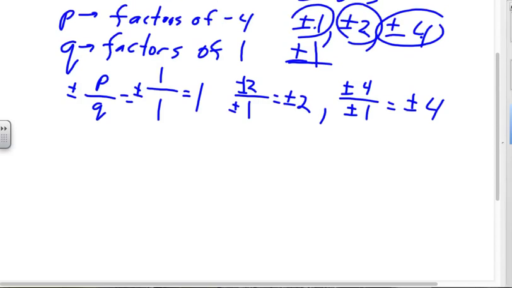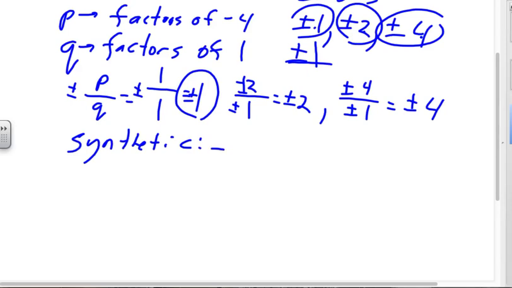And what you do is you pick one of these and you use synthetic division. So let's just pick a number, and just out of curiosity, I'll start with -1. I want to see if that is a root. So I'm going to put -1 in. And then we write out the coefficients of our polynomial.